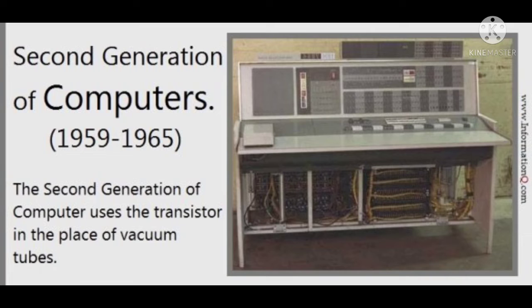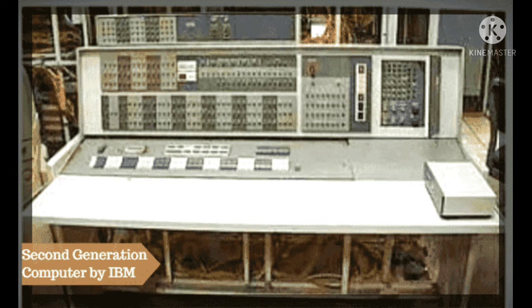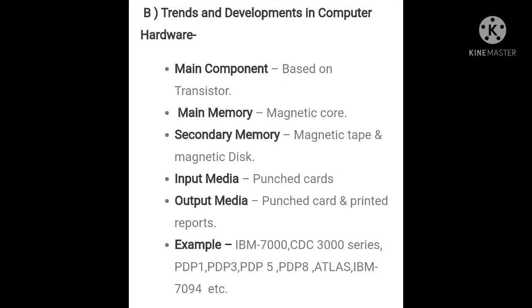Now we are going to see trends and developments in computer hardware. Main components based on transistors, main memory, magnetic core, secondary memory, magnetic tape and magnetic disk, input media, punched cards, output media, punched cards and printed reports.